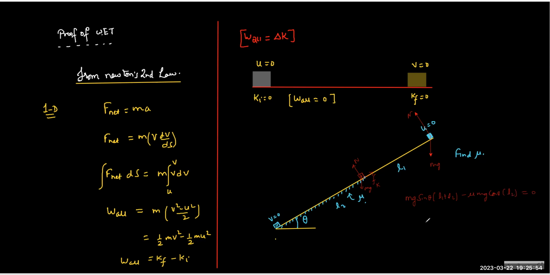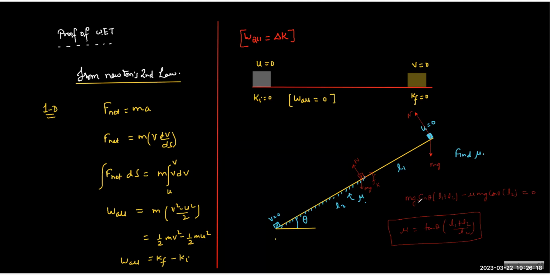Yes, sir. This is the right answer. Now, if you remember the question that you solved in friction chapter, it was equal length, right? L and L. So if you put the length as equal, it will become 2 tan theta, right?